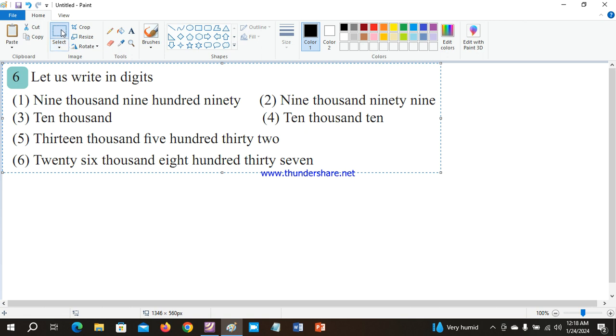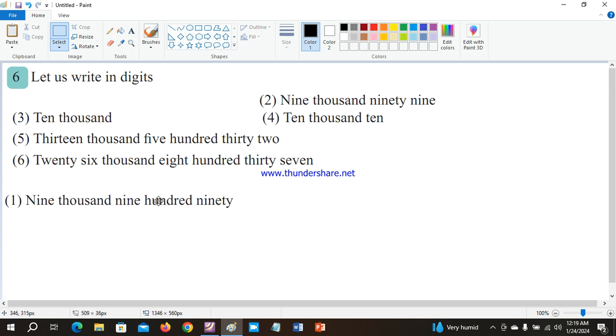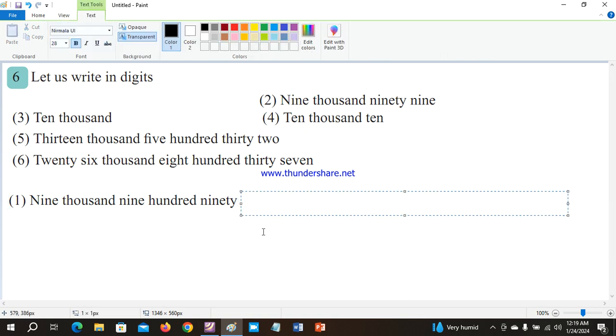Look very carefully. Let us write in digits here. At first, question number 1. Look very carefully and read it.